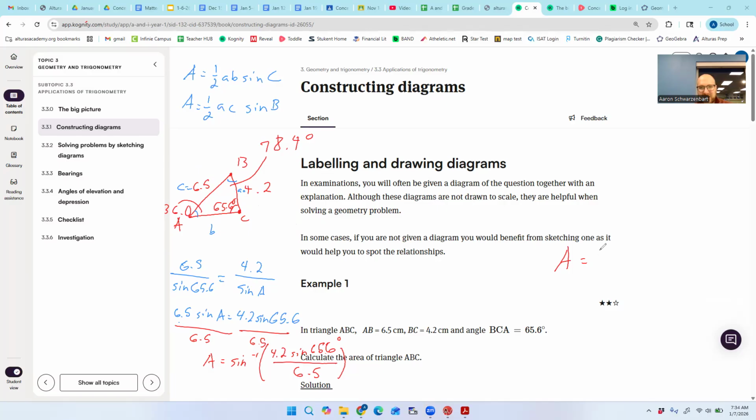The area is 1/2, two sides, 13.4. The units were in centimeters, so this is centimeters squared.